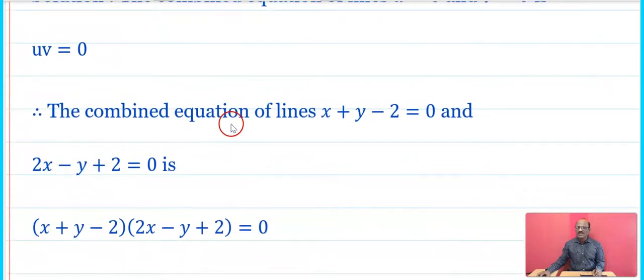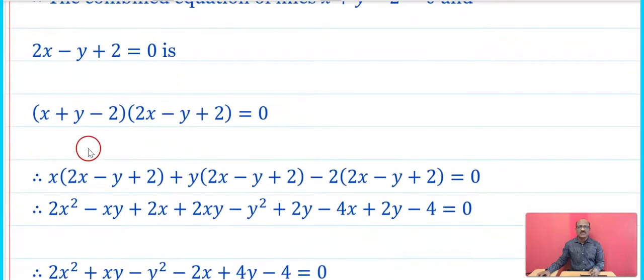The combined equation of lines x plus y minus 2 equal to 0 and 2x minus y plus 2 equal to 0 is their joint equation, that is the product of those two lines equal to 0. In the first bracket x plus y minus 2, in the second bracket 2x minus y plus 2 equal to 0.